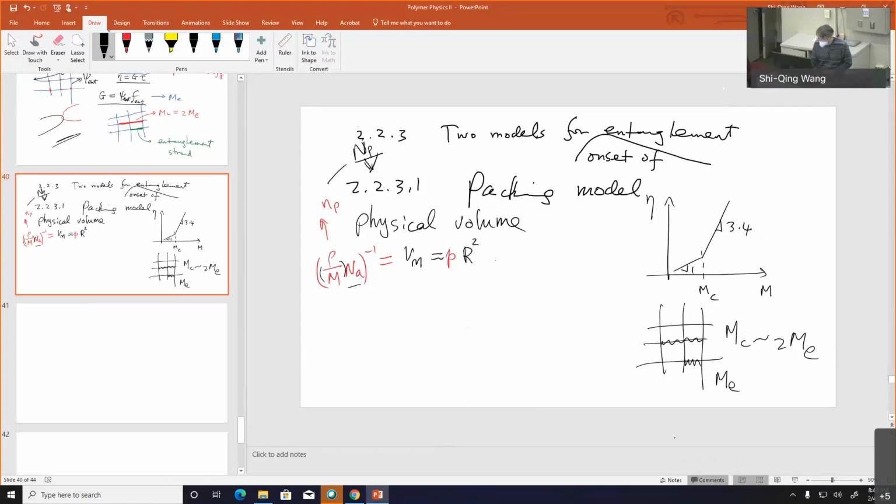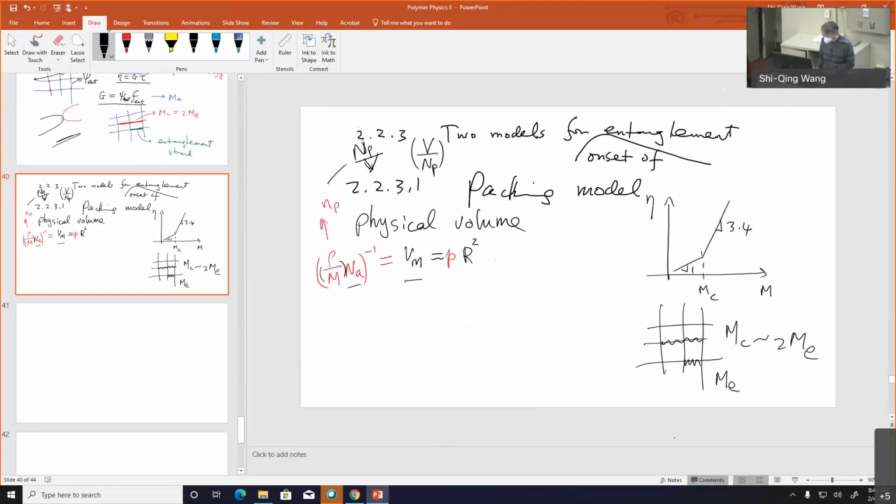Therefore, the reciprocal of that is, of course, what each chain occupies. And that goes back to the physical volume. So this is true.